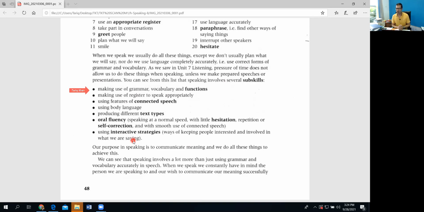Their selection of words and expressions is not there, and it seems very formal. You might have come across that kind of people. Some people naturally have interactive strategy in their way of speaking. So interactive strategies are an important part of speaking.